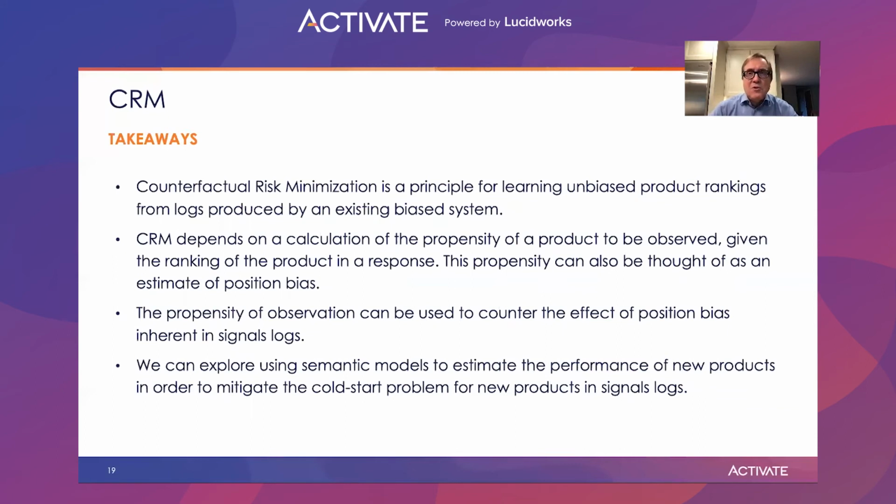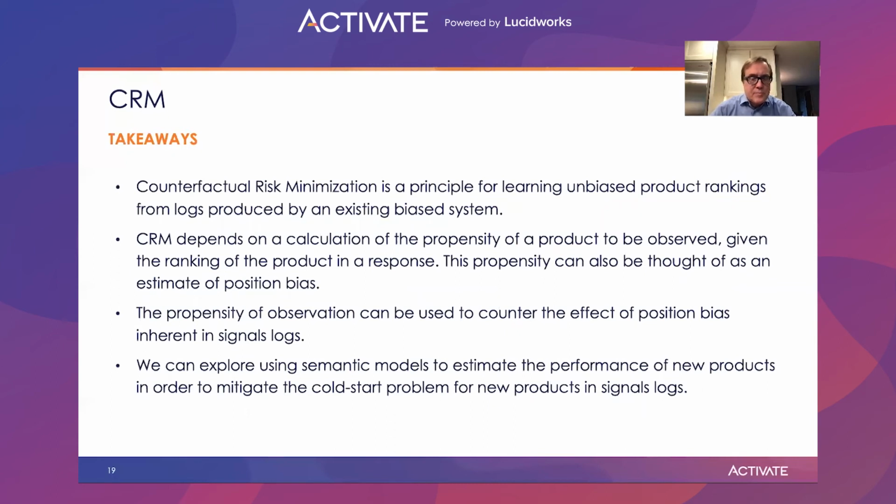We don't have to follow all of the elements of CRM. We can take this one idea out and apply it in different ways too. One example would be when we are producing training data for a semantic model.